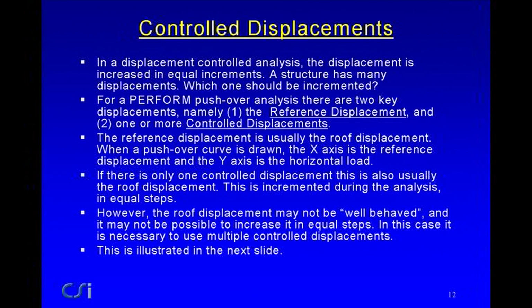Now, what you do in Perform, and let's look here at a pushover analysis. There are two key displacements. Firstly, there's a reference displacement, and secondly, there are one or two controlled displacements. I'll illustrate this graphically in just a moment. The reference displacement is usually the displacement at the roof. And when you plot a pushover curve, it's basically base shear versus roof displacement.